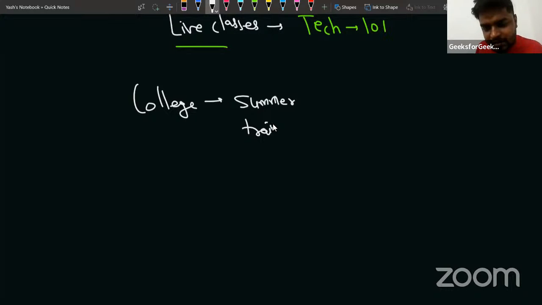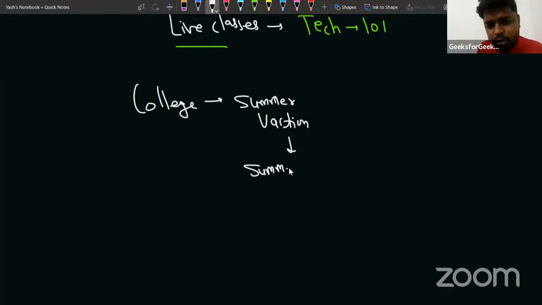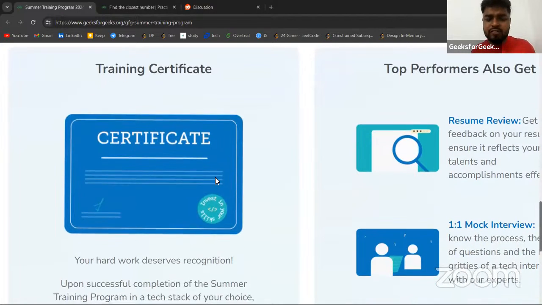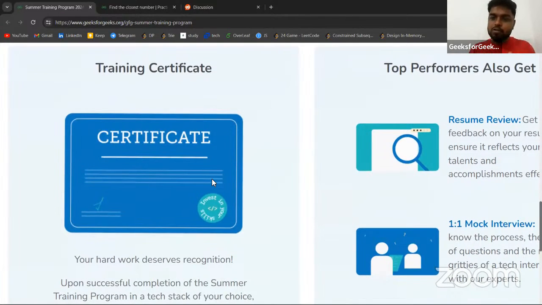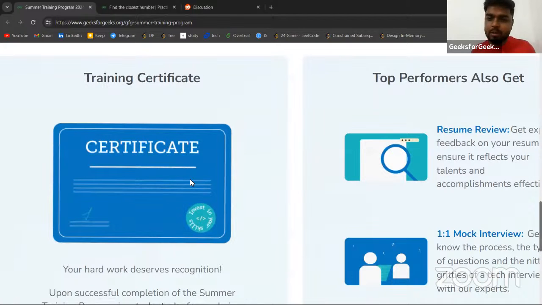Colleges expect that after summer vacation, you show them your summer training certificate. If you do courses from here, then you'll get a certificate for your hard work, considering that you have passed all the criteria that are required. If you have given proper assessments and all those things, then you will be getting certificates, which you can show after your summer training.